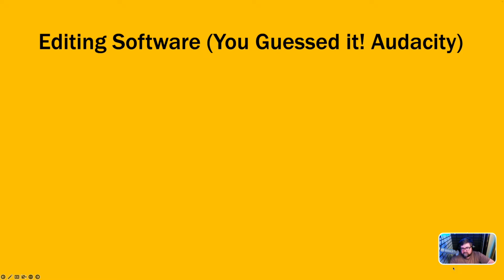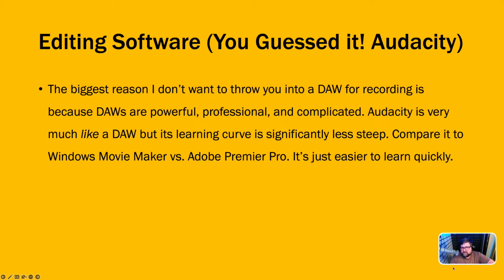Editing software. You guessed it. It's Audacity. The biggest reason I don't want to throw you into a DAW for recording is because DAWs are powerful, professional, and complicated. Audacity is very much like a DAW, but its learning curve is significantly less steep. Maybe a good analog is Windows Movie Maker, for those of you who are old enough to remember that.